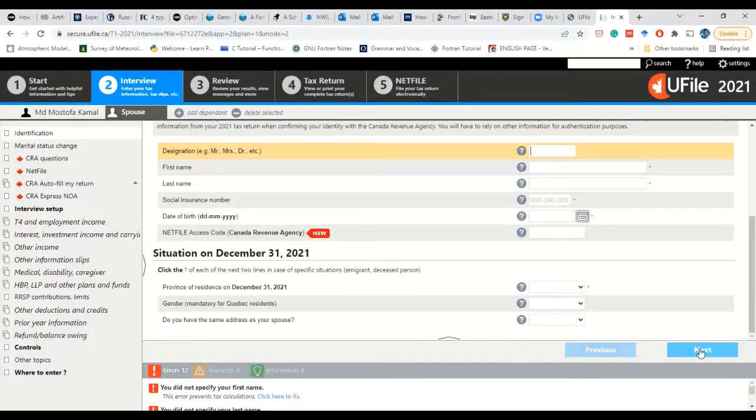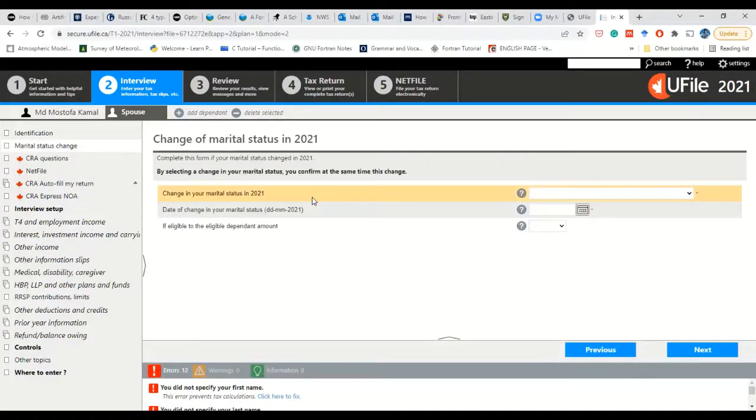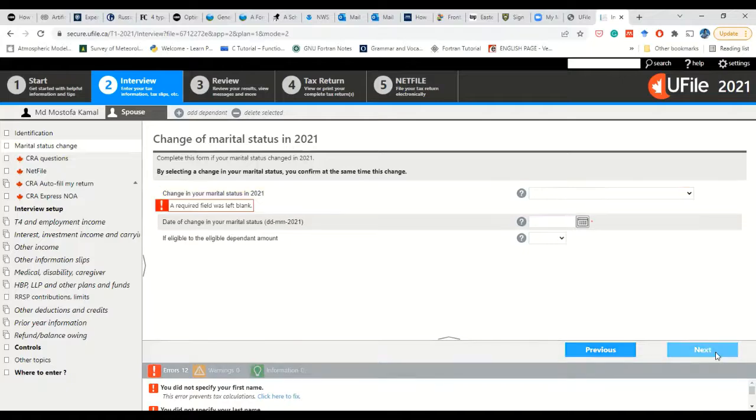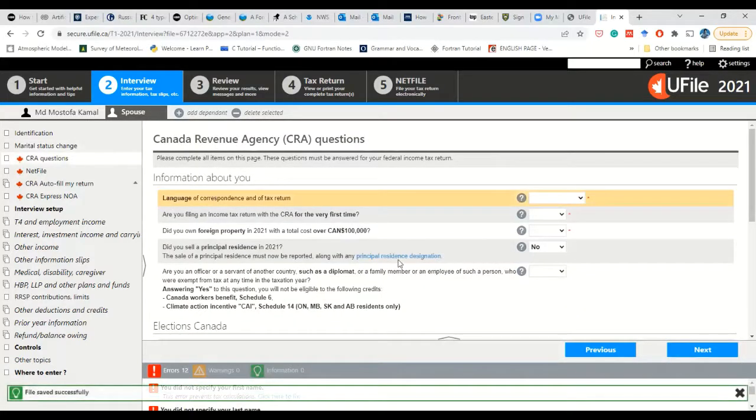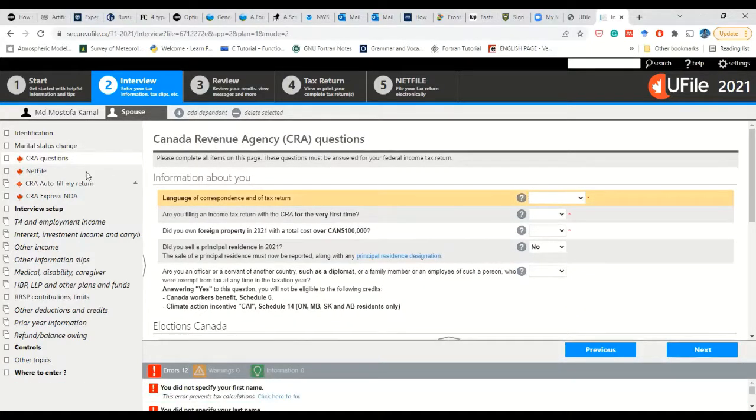Even though she doesn't have income, she may have some medical claim, like we always have at least a couple of dollars per year. Let's say you just got married last year, so provide the information about your wife. Same thing, how you want to be communicated. Again, it is exactly the same thing.